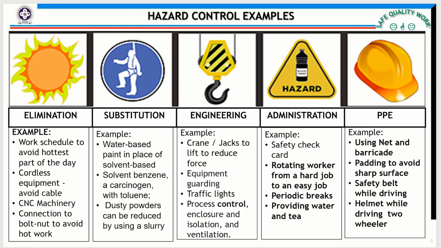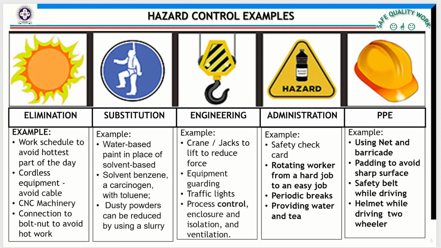CNC machinery can be used to avoid hazards due to manual machinery, and we can avoid significant accidents. Connection by bolt and nut can be replaced to avoid hard work. How can we avoid bolt and nut? Bolt and nut can be avoided by welding.